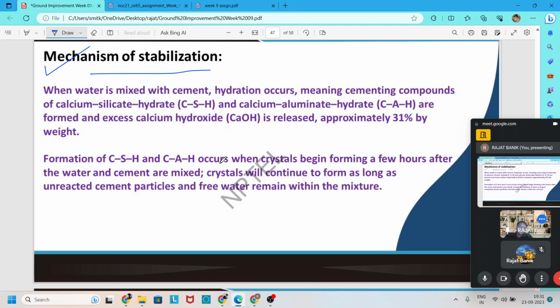Crystals will continue to form as long as unreacted cement particles and free water remain within the mixture.